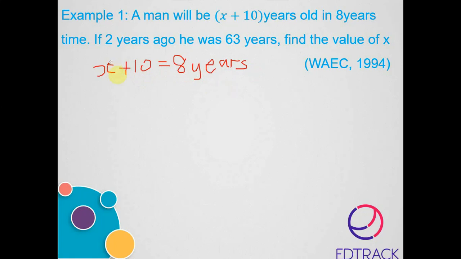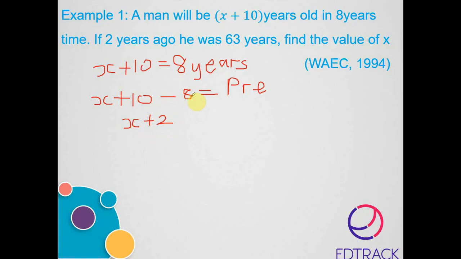For us to do that, we subtract 8 years from the age of this man in 8 years' time. That will be x plus 10 minus 8, which gives the present age. That will be x plus 2. How do I get my 2? This is 10 minus 8.